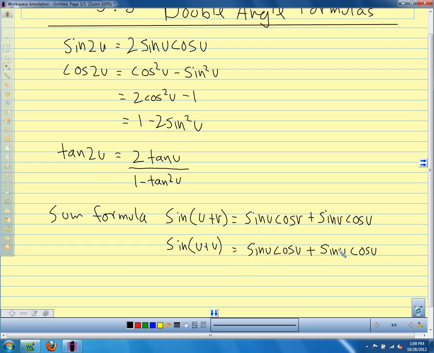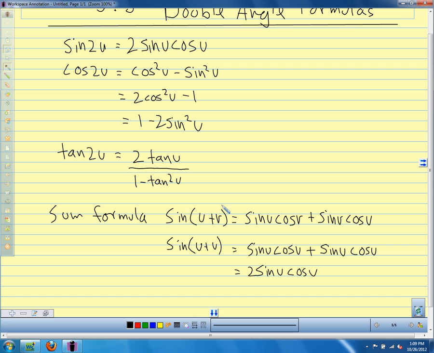Both of these angles are the same. And this just gives me, I have 2 of these things, so I get 2 sine u cosine u. So that's where this formula comes from. It's just using our sum formula, but using the same angle in there twice.